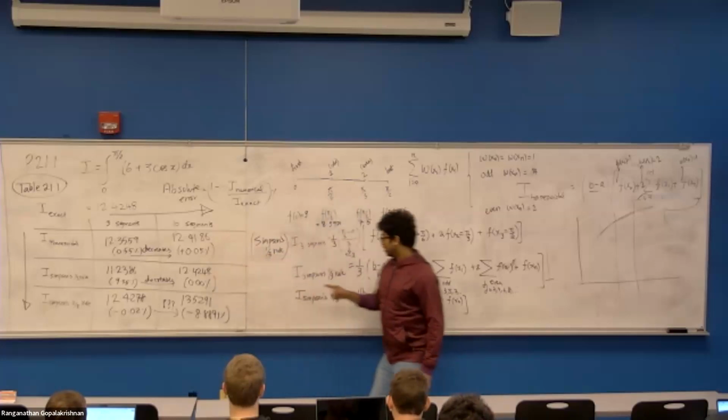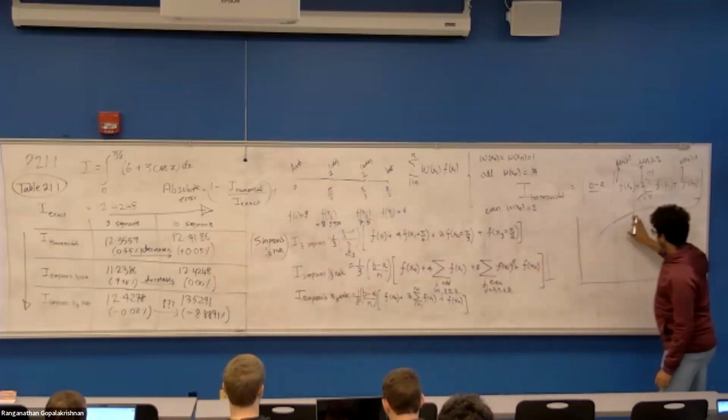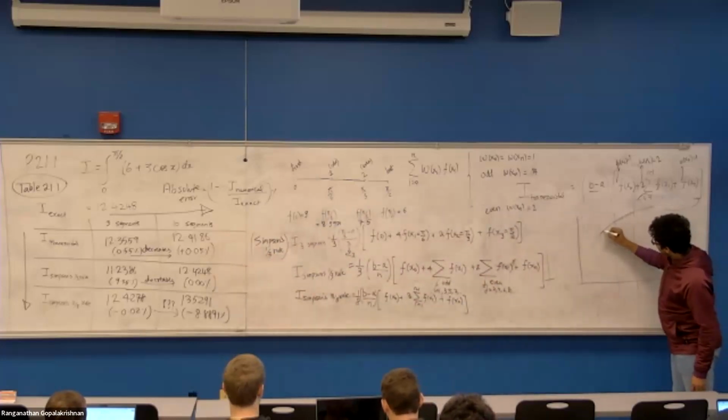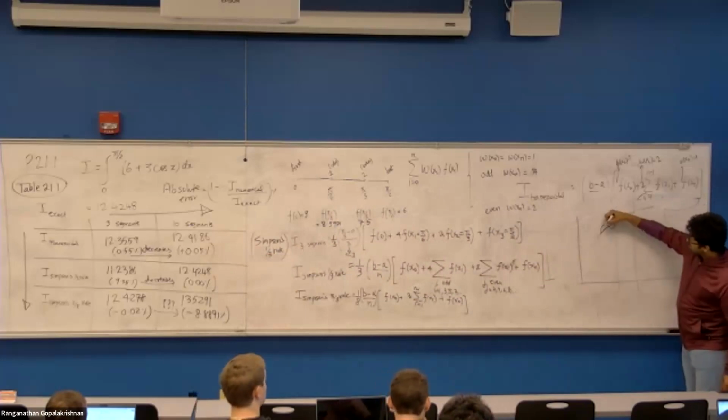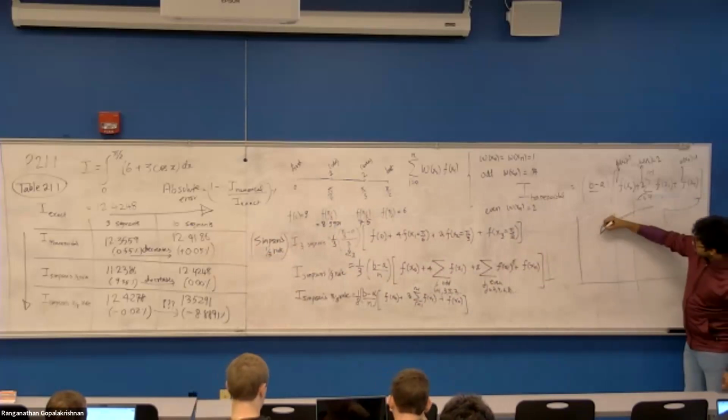The Simpson's 1/3 rule, in principle, instead of fitting a linear function, fits a second order polynomial. So it tries to say that there could be regions where the fit goes above the real curve.